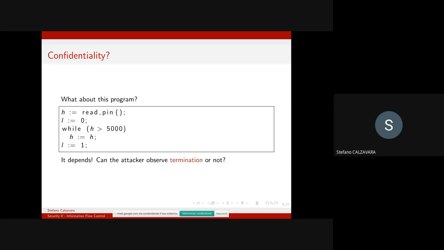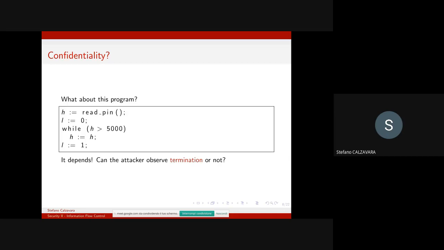So for an attacker who is able to observe termination, this program is clearly insecure. But for an attacker who is not able to observe termination, this program might be considered secure. Information leakage enabled by the termination of the program might or might not be part of our threat model.